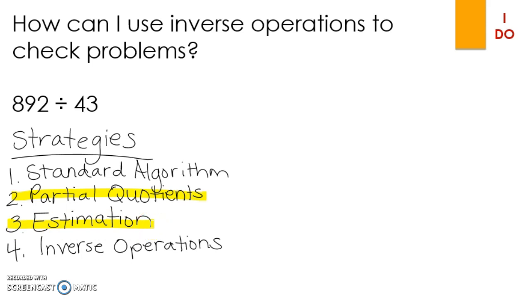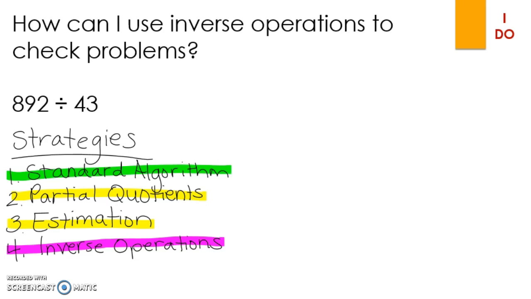And you can use inverse operations to check only. And then the standard algorithm is to solve only. So notice our highlights. Partial quotients and estimation can be used to solve and to check our answers. The standard algorithm is used only to solve, and inverse operations are used only to check our answers.